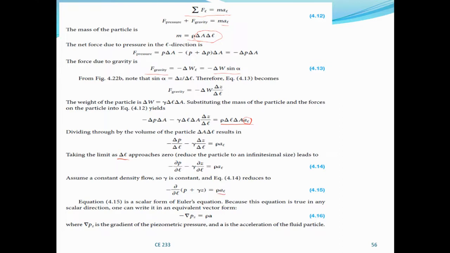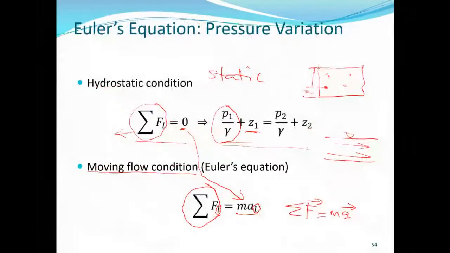Then when you look at P plus gamma Z, this is exactly the piezometric pressure, if you remember from here, the piezometric head, and when we multiply by gamma, we have P1 plus gamma Z1 equal to P2 plus gamma Z2.